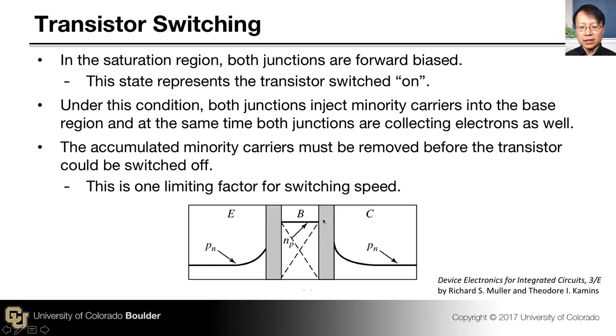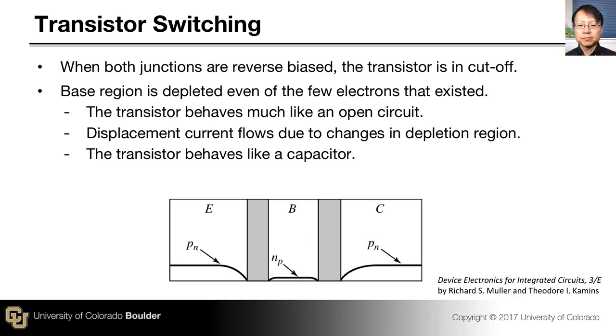That leads to a very large increase in the minority carrier concentration in the base region, and this represents an on state for this transistor. Eventually, in order to switch this off, you have to pump out the accumulated minority carriers in the base region, and it takes time. The time it takes to pump out all the minority carriers is one of the limiting factors in the switching speed of this bipolar junction transistor.